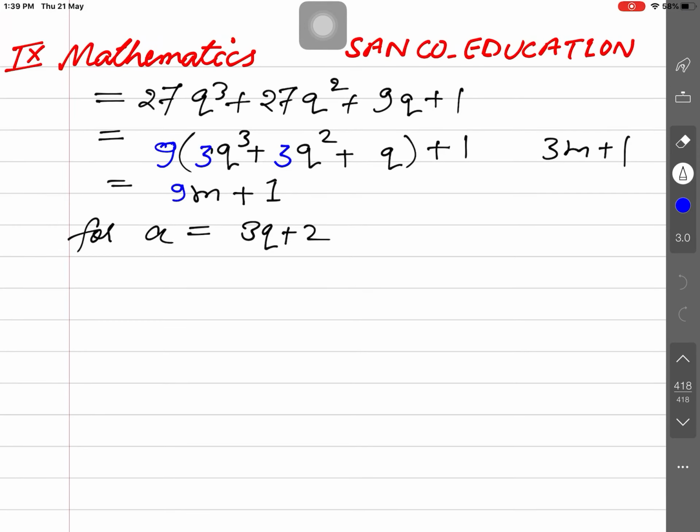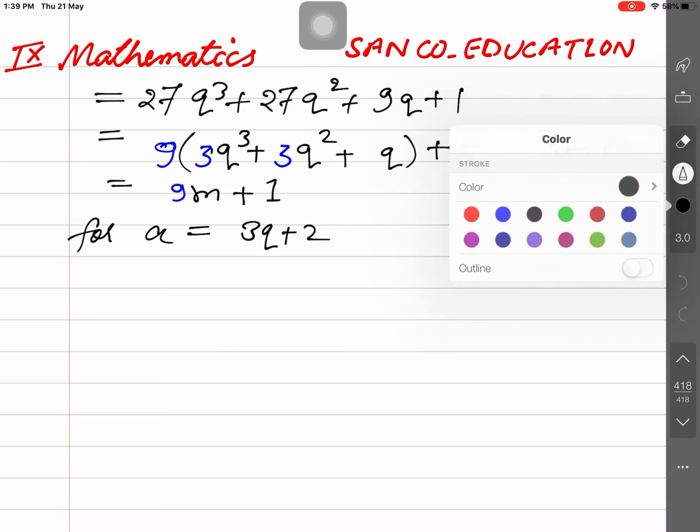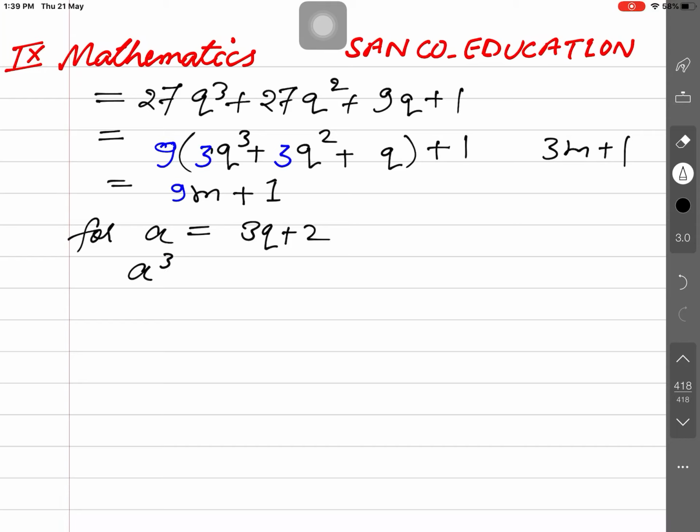Now please, a is equal to 3 cube plus 2. Again, what is to be done here? Next, cubing either side. So a cube is equal to 3 cube plus 2 and whole cube.